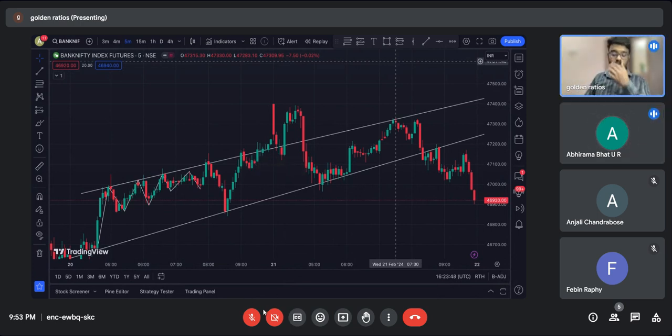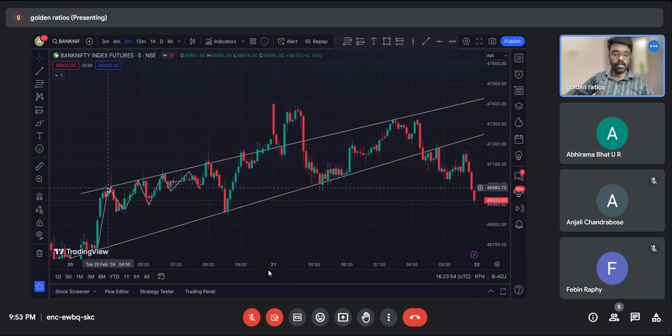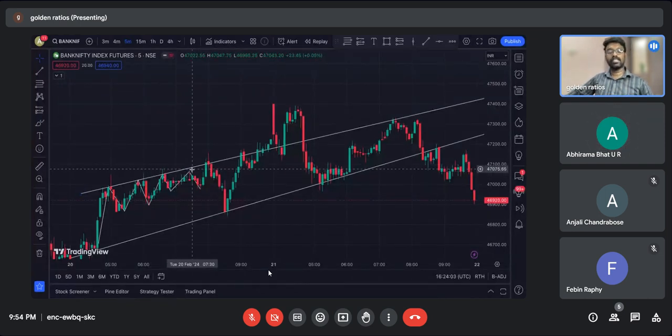What breakout means: whenever a price is moving in a particular fashion, like you can see one, two, three times market has gone and hit this line. So usually the general knowledge is, if a resistance line is hit multiple times, that resistance will break and it will go for an uptrend, up move.